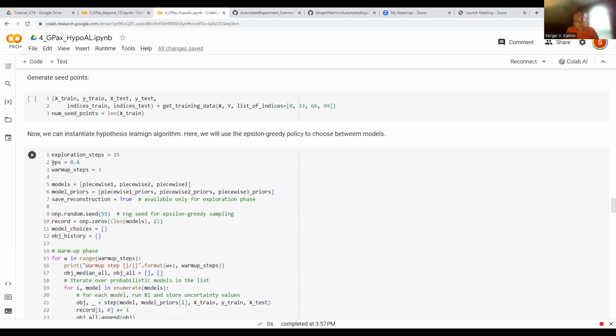We define the epsilon. Epsilon is the epsilon greedy case, meaning that if we have models, then 60% of the time we will choose the best model in order to run the experiment, and 40% of the time, we are going to choose a random model.